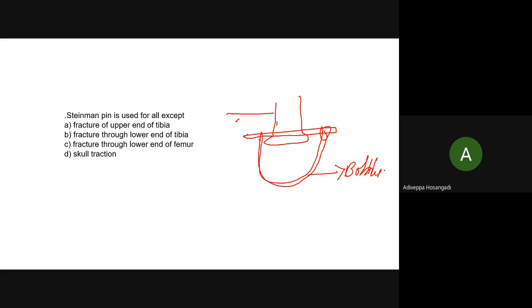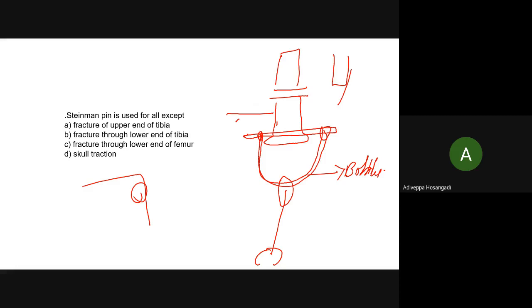You put a rope and put a weight across the pulley. There is a fracture end here. Why? Because if the fracture doesn't stay like this, after the fracture there can be overlap. So you have to pull it by skeletal traction. Of course, K-wire is also used, but most commonly the Steinman pin is used.